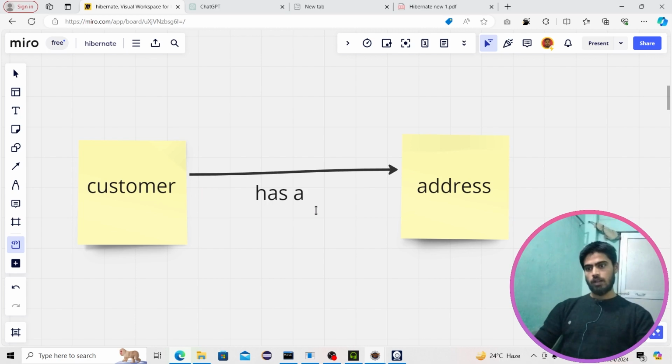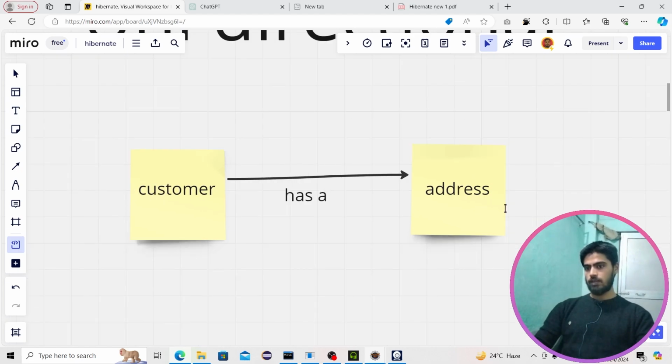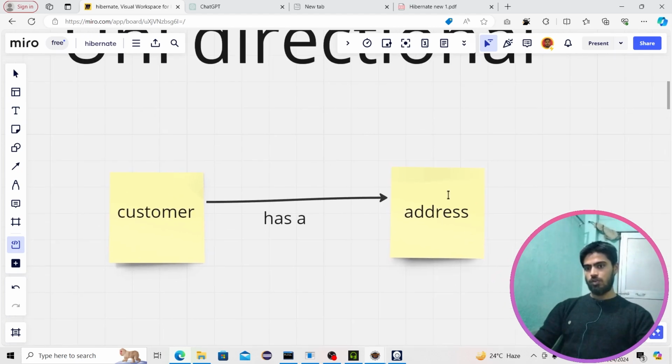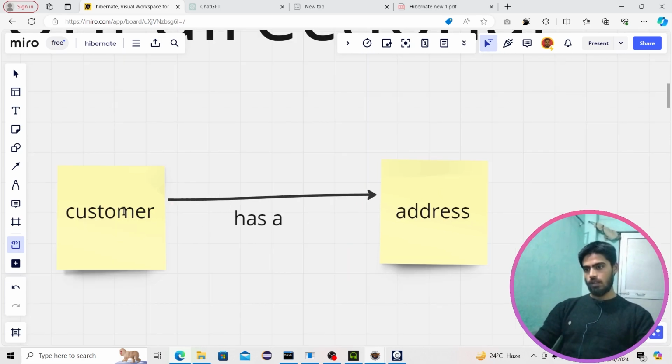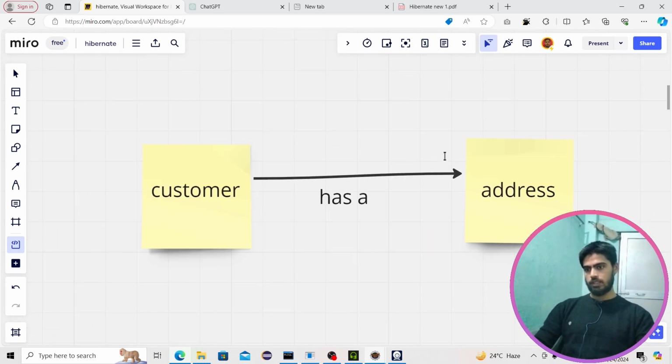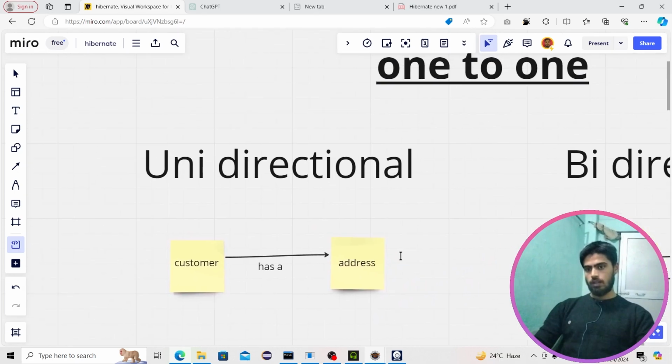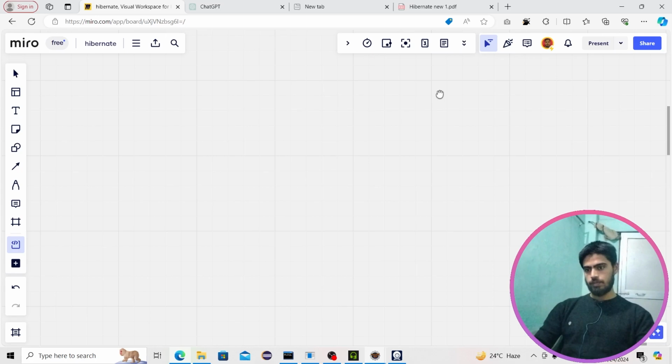Either customer has address or address has a customer. One customer cannot have multiple addresses, so it is a one-to-one relationship.